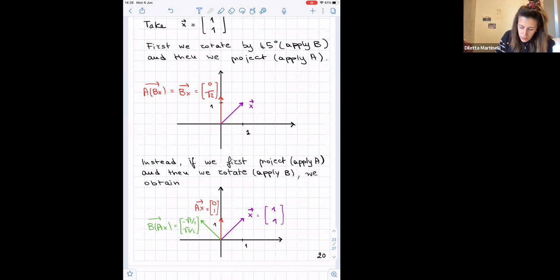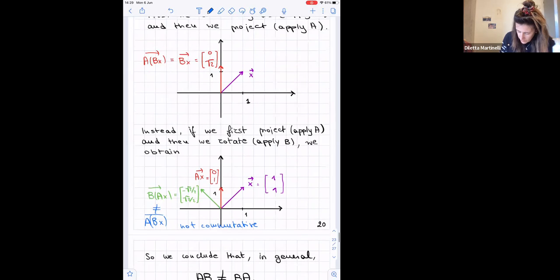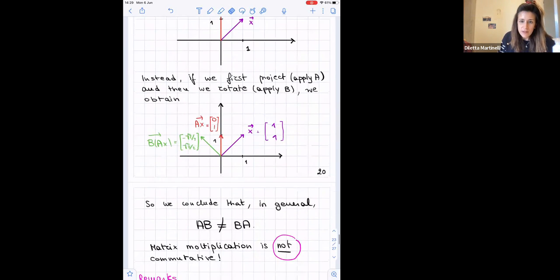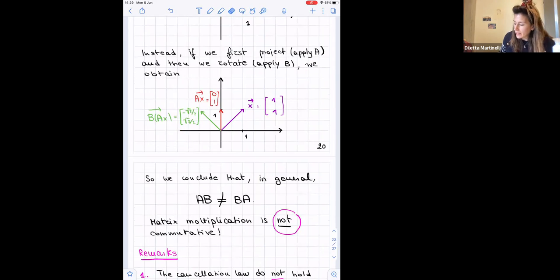So we conclude that the vectors are not the same. So in general, we conclude that the multiplication between matrices is not commutative.